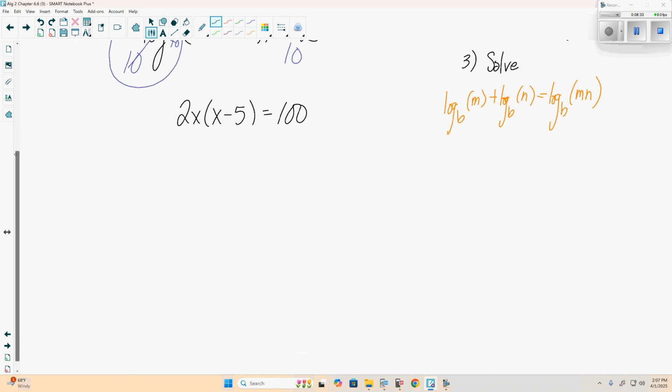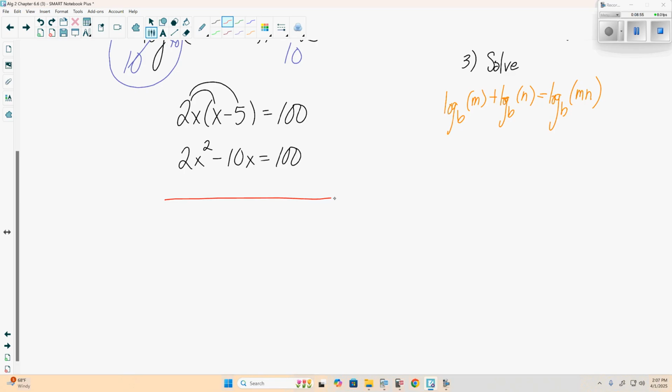So really, as we can see here, the only real difference between yesterday and today is just getting those 2 logs put back together. Now at this point here, we can distribute. 2x times x is 2x squared. 2x times 5 is negative 10x is equal to 100.